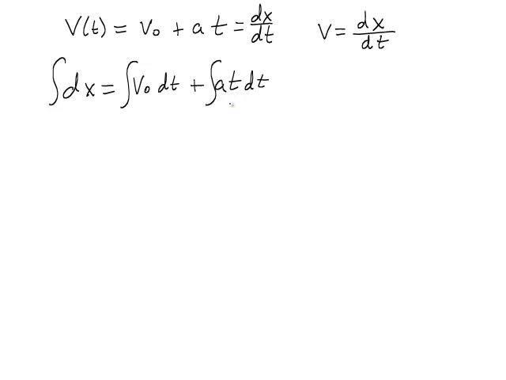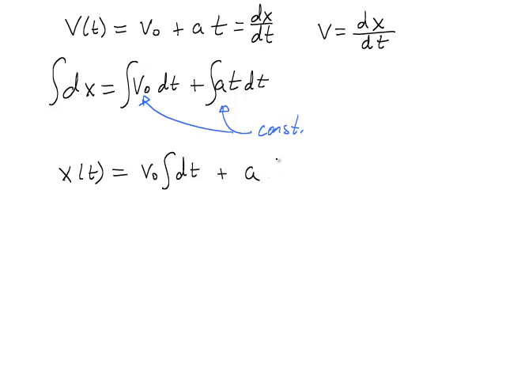And what I need to recall is that the acceleration is a constant, as well as my initial velocity. So those can come out of my integral. So when I'm looking at this, I should have that the position, which is a function of time, that's evaluating my dx, is equal to v naught integral of dt plus the acceleration integral of time times a very small change in time.